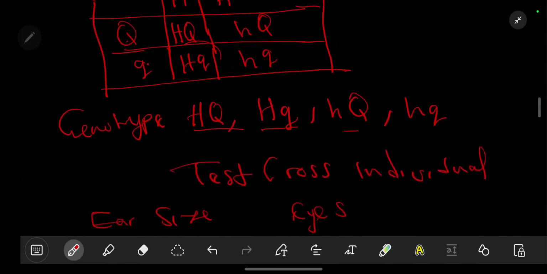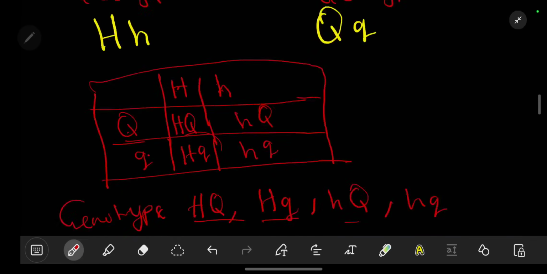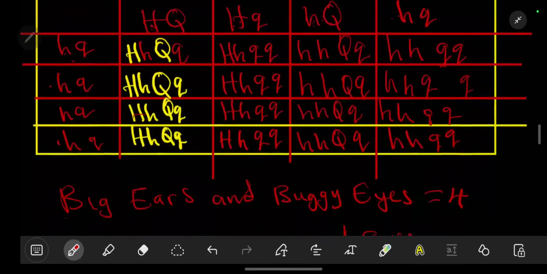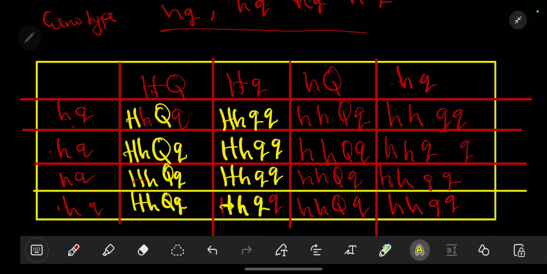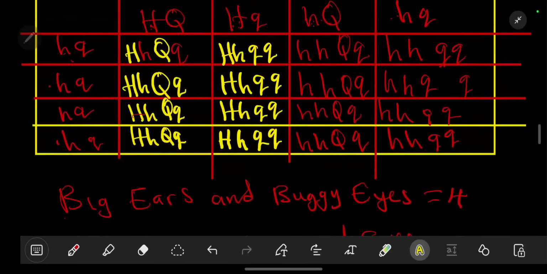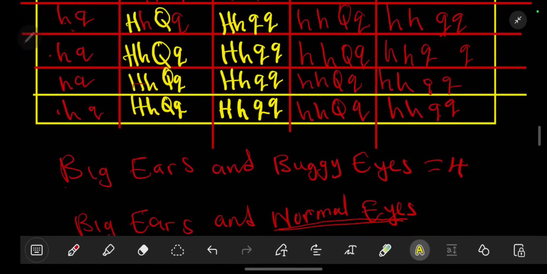So for normal eyes, you have to have 2 small letters of Q. So this is going to give us number 1, number 2. This is where you have at least 1 big letter H but 2 letters of Q. So we are going to say this is a 4 there.